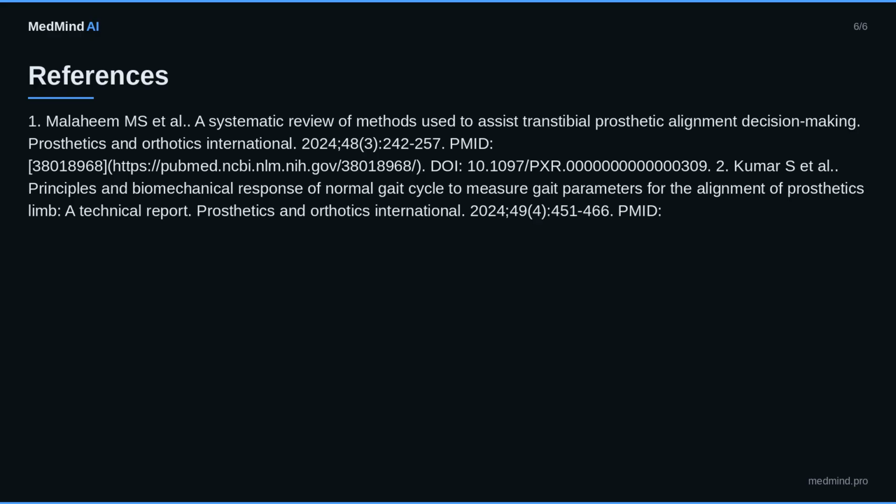Olayamira et al. Methods to assess lower limb prosthetic adaptation, a systematic review. Journal of Neuroengineering and Rehabilitation. 2025, 22, 100. PMID 40301975. 4.